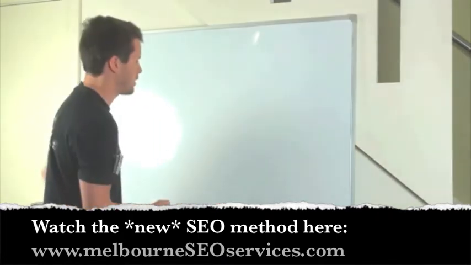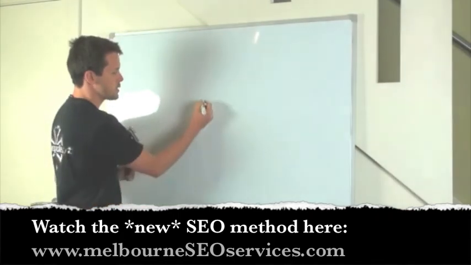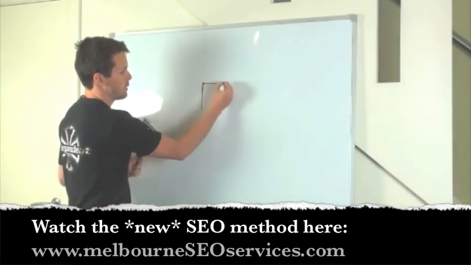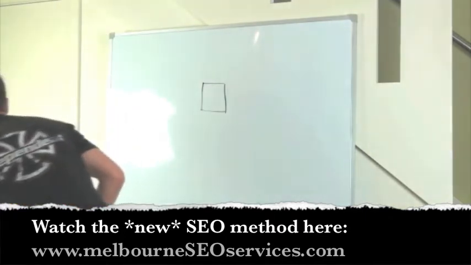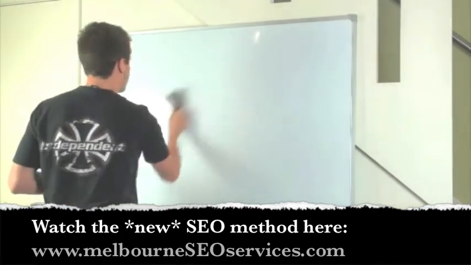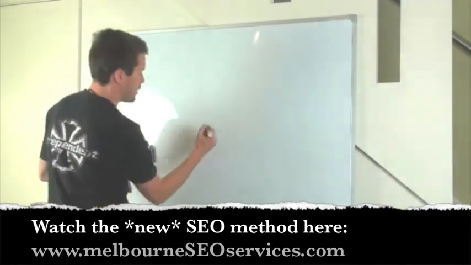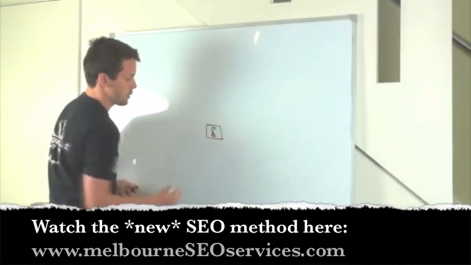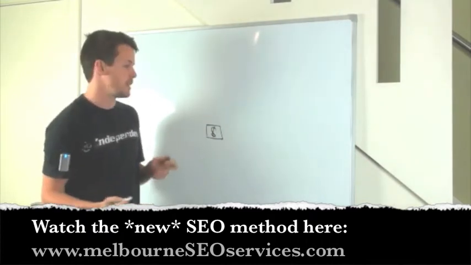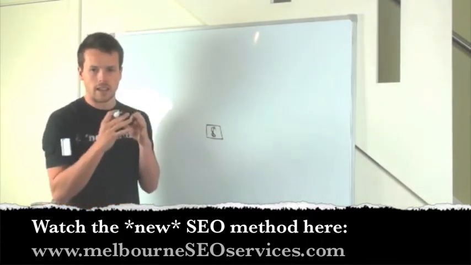But the first thing that I think we need to look at is, in fact, I'm going to shuffle this down because it's probably going to take up a little bit more space than that. The first thing, obviously, at the centre of everything that we're going to talk about is our money site. The money site is that primary site.